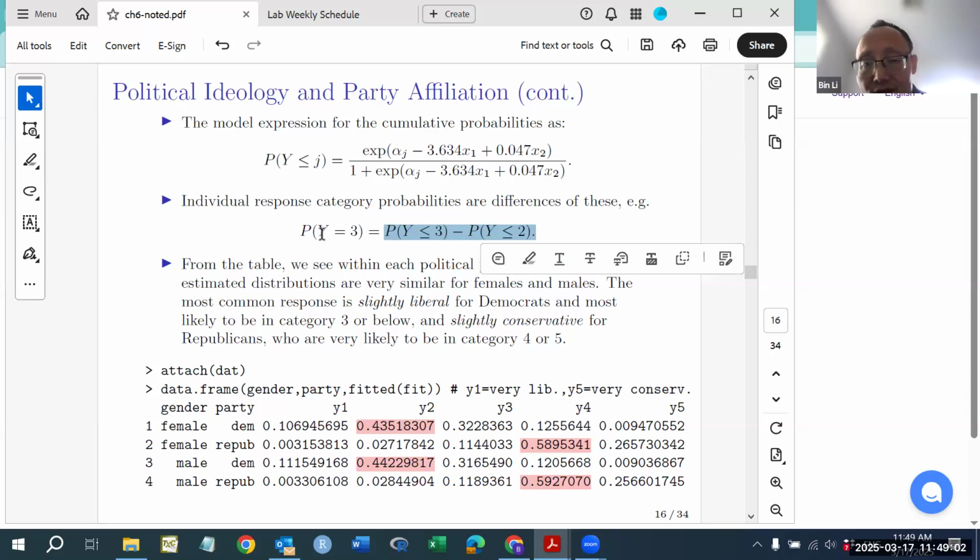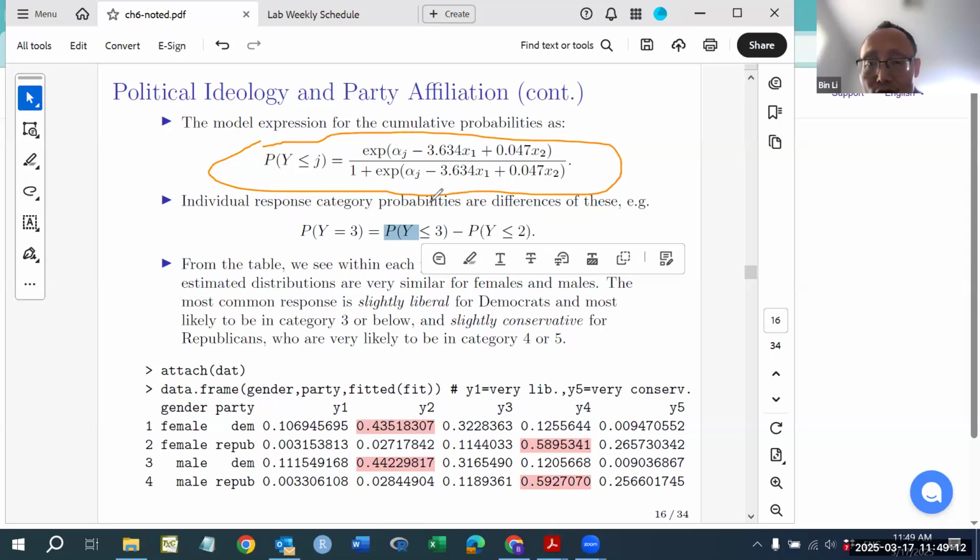That difference gives y equals 3. So we can use this formula to find out this one, and also to find out this one. What's the difference between these two? The only difference is alpha j: here it is alpha 3, and here it is alpha 2. Does that make sense? So the difference is this one. Okay, so that's how we find it.